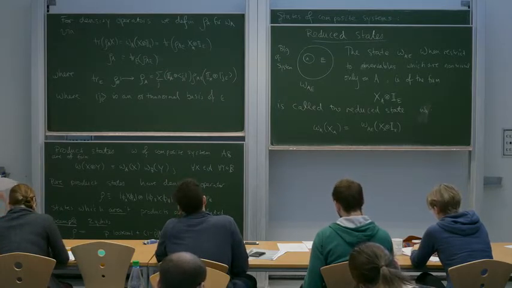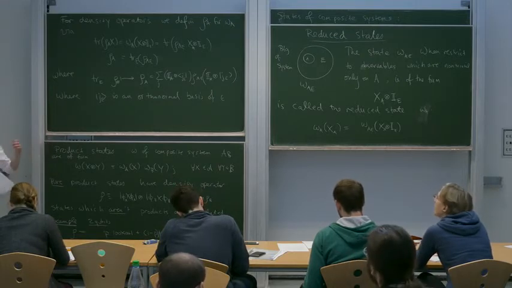Partial trace takes a density operator for a big system and gives you the density operator of a small system.